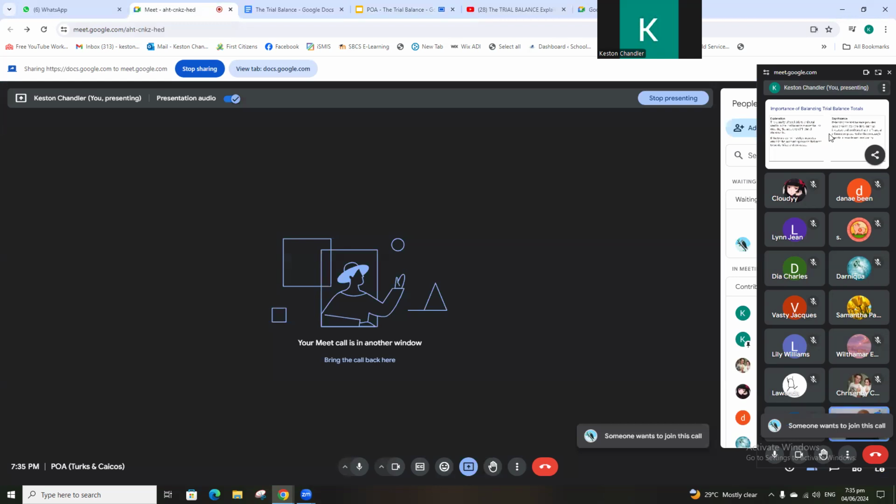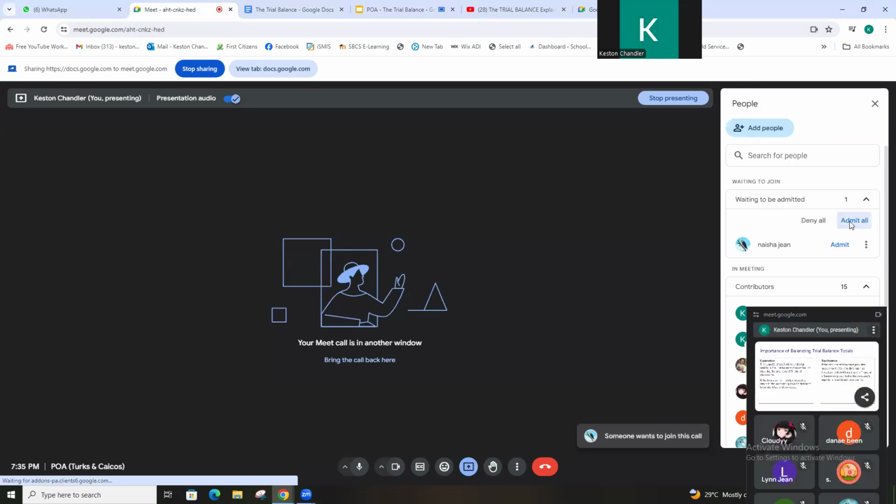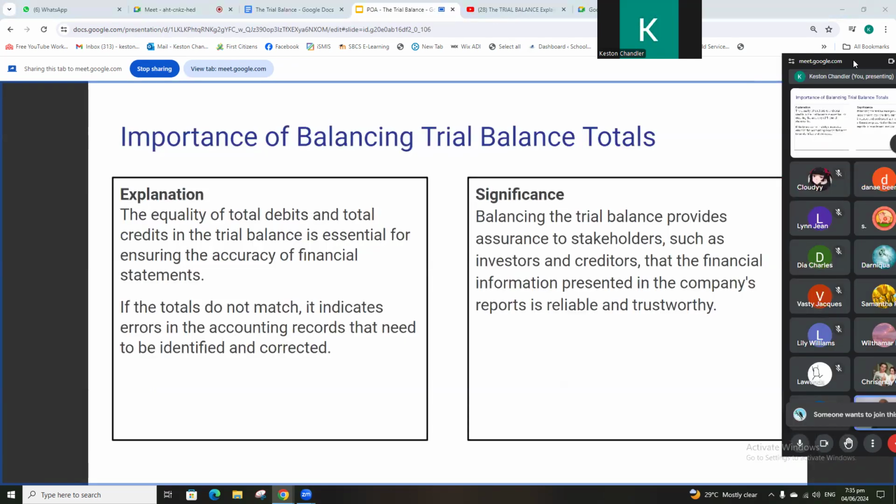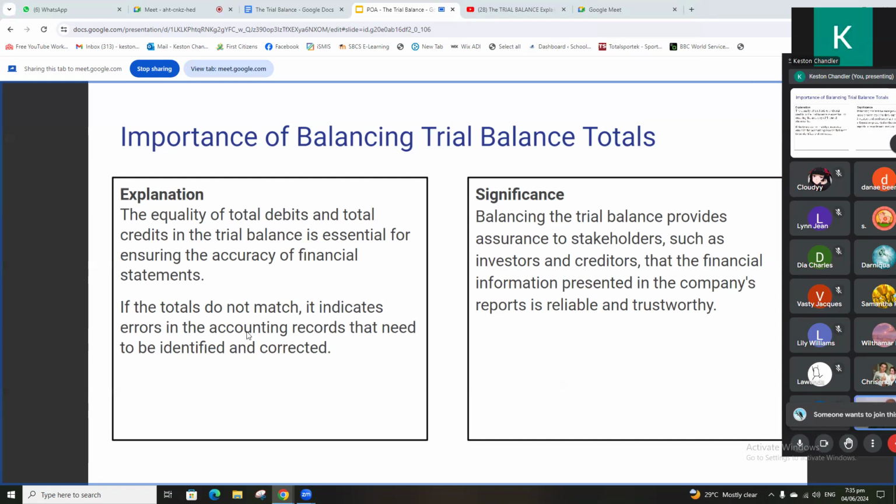We're going to have to satisfy users of the accounts. So you may have investors, you may have management, you may have the government, you may have banks, other people that need to look at the records. If the totals in our trial balance don't match, it is an indication that we had some errors where our double entry was concerned and we need to correct it.